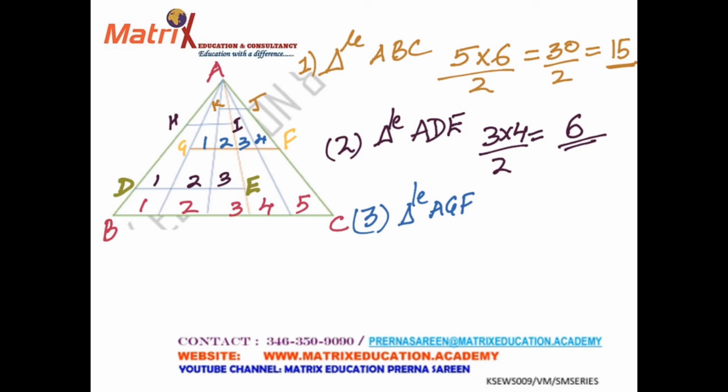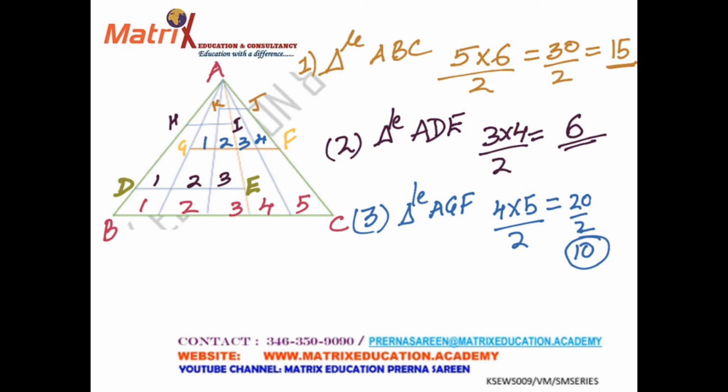So what shall be the number? 4 times 5 upon 2, which will give me 20 by 2, and the answer is 10. I'll write it over here. Answer is 10, and I'll circle this.